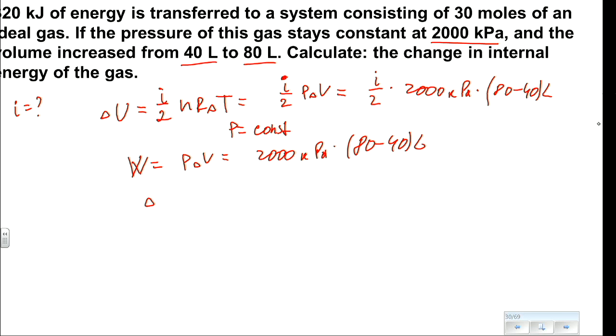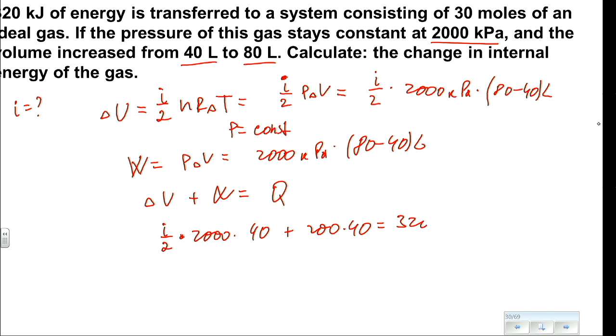Okay, now delta U plus W should be equal to Q. So what does it tell us? I over 2 times 2,000 times 40 plus 2,000 times 40 should be equal to 32,000 joules. Okay, now I see.